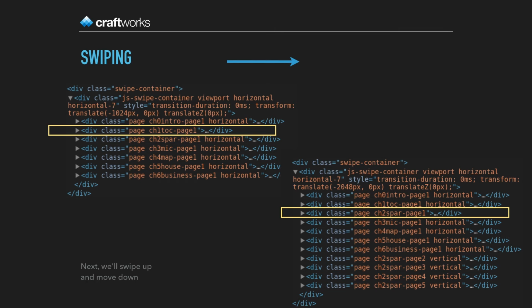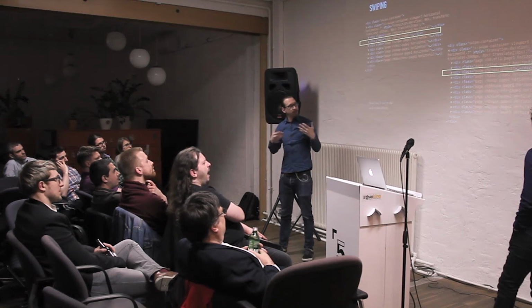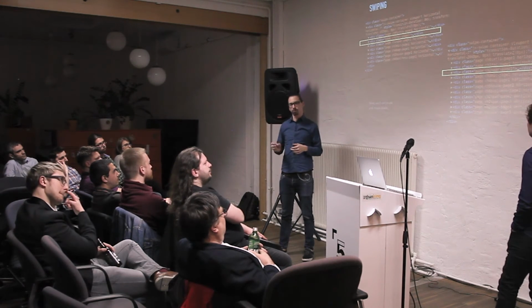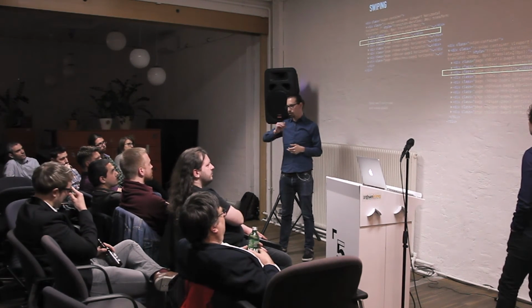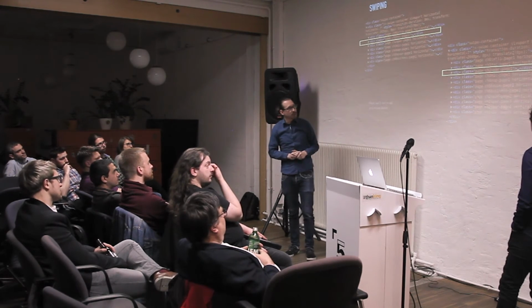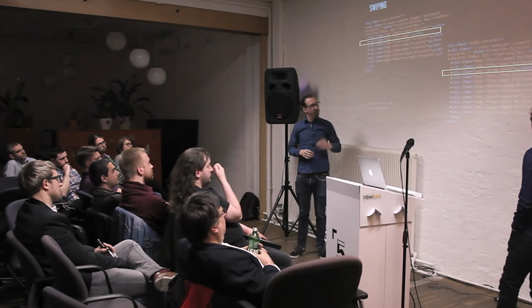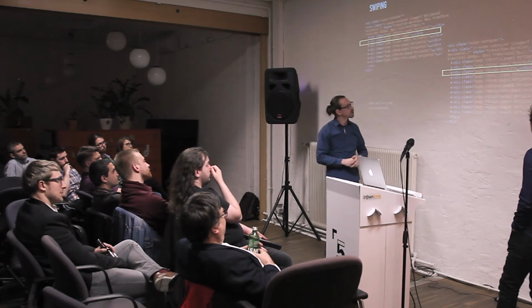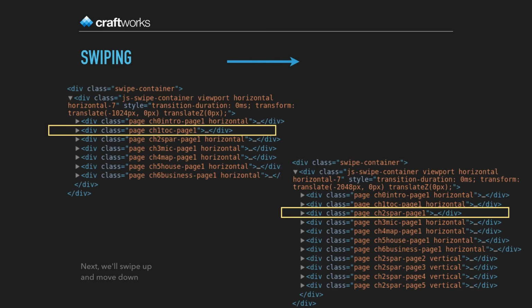And as we swipe in the horizontal direction to a chapter which contains some pages which can be reached through vertical swiping, those pages are simply added to the list, and by some CSS magic which happens inside this class, which I will explain later, those pages can be reached by vertical swiping.